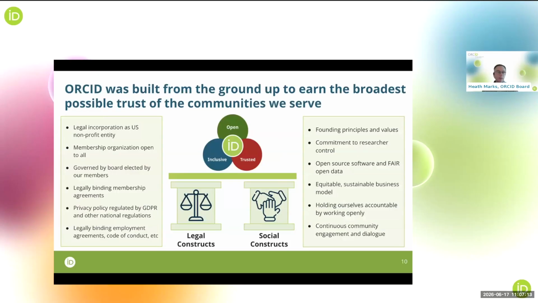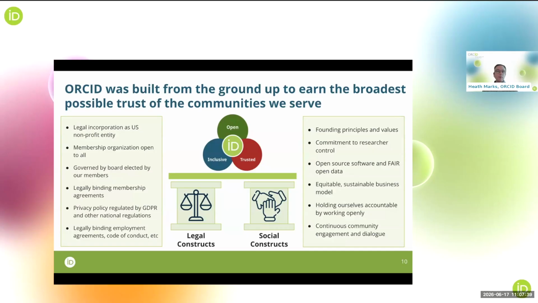So as ORCID, as an organization, we were founded with both legal and social constructs that would support and uphold our values to help us earn the broadest possible trust of the communities we serve. ORCID, as a not-for-profit research infrastructure organization, is registered in the USA, as I mentioned before, and we owe a lot of our success to earning the trust, to being open to participation by all.